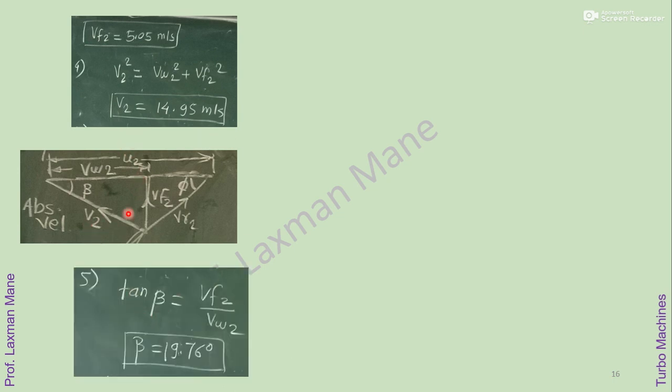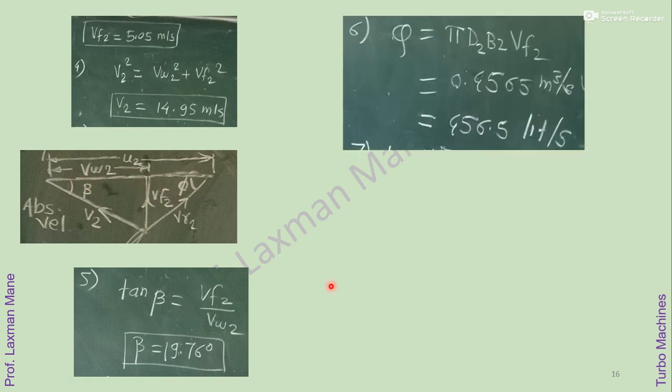Then tan beta ratio, from that we find angle beta, absolute velocity angle with direction of motion. Then we have to find discharge. This formula is as it is from the last slide.